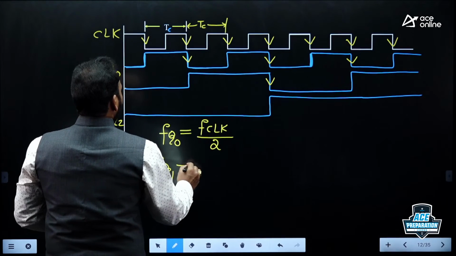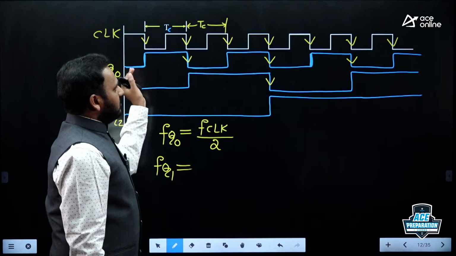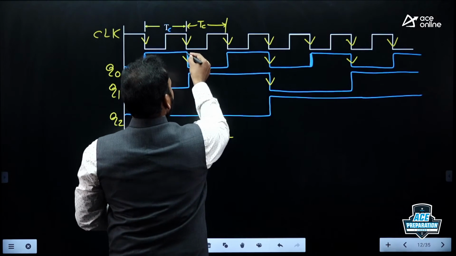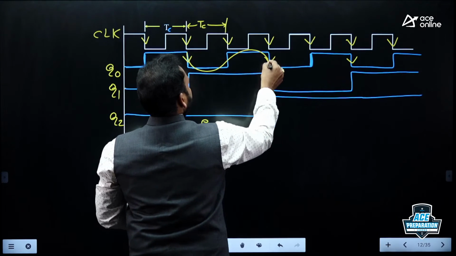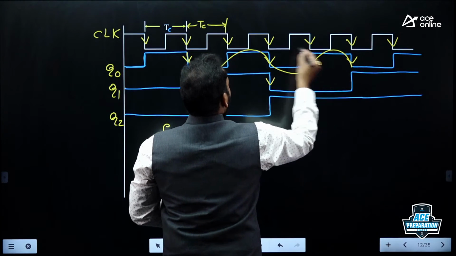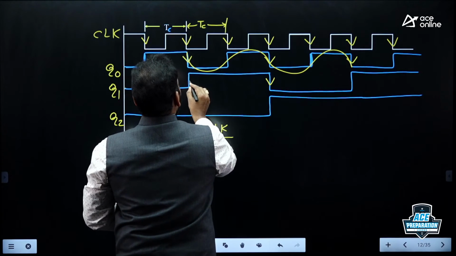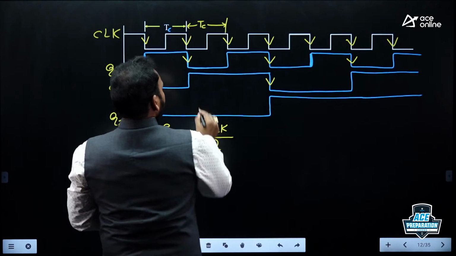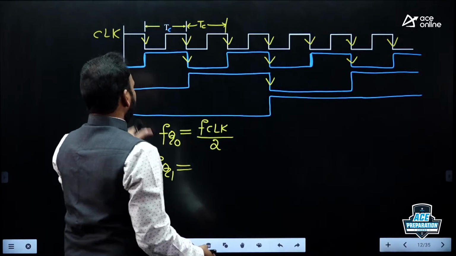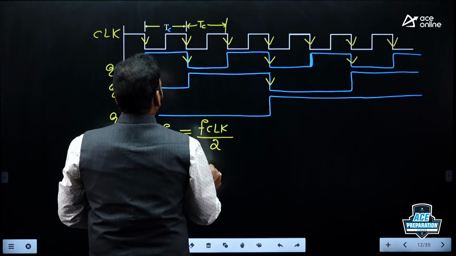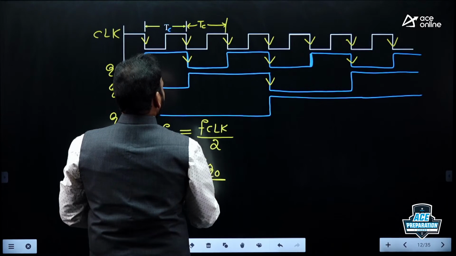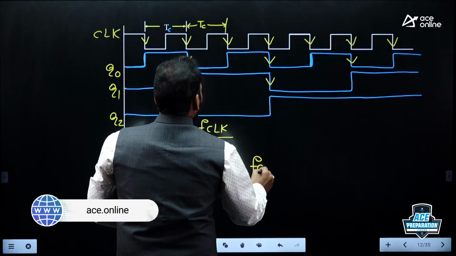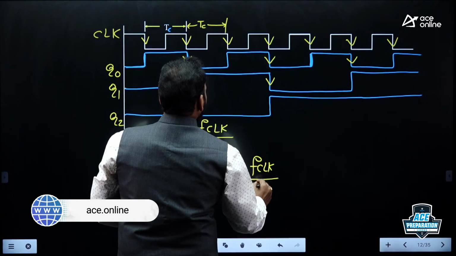What will be the FQ1? You can consider the comfortable cycles only. You see, this is 1 cycle and this is the next cycle. After completion of 2 cycles, it has completed only 1 cycle. So FQ1 is equal to FQ0 divided by 2, or F clock divided by 4.